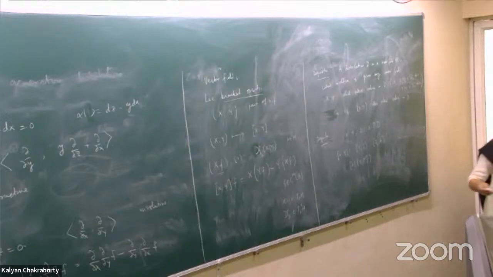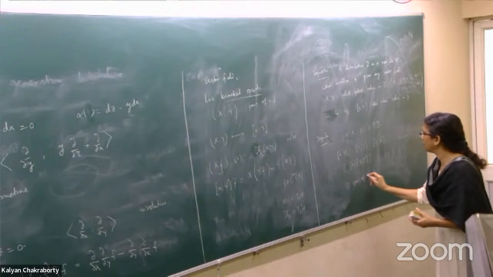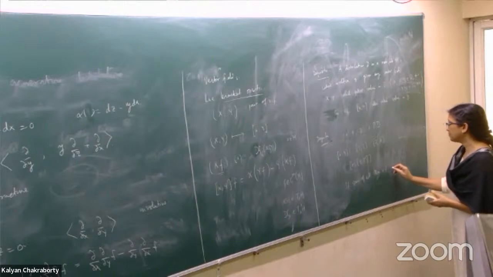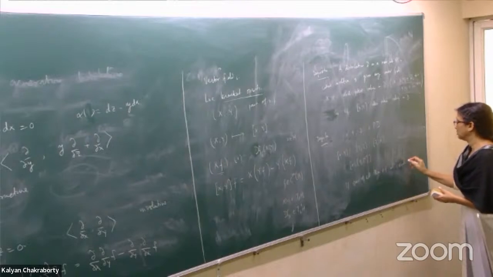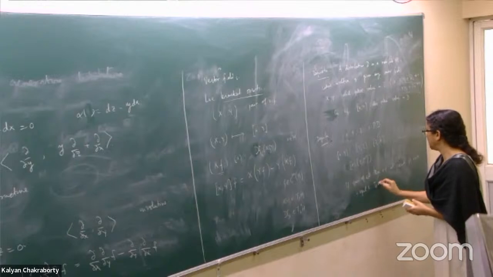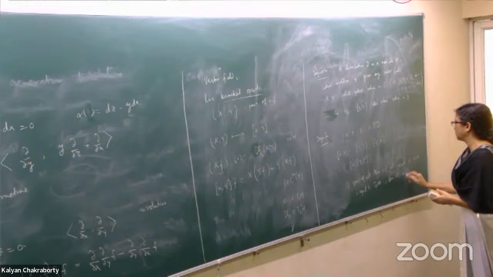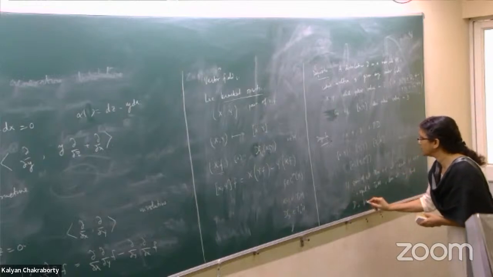spanned at each point, if the span of all these vector fields at each point x in M is equal to T_xM, then we say that D is bracket generating.